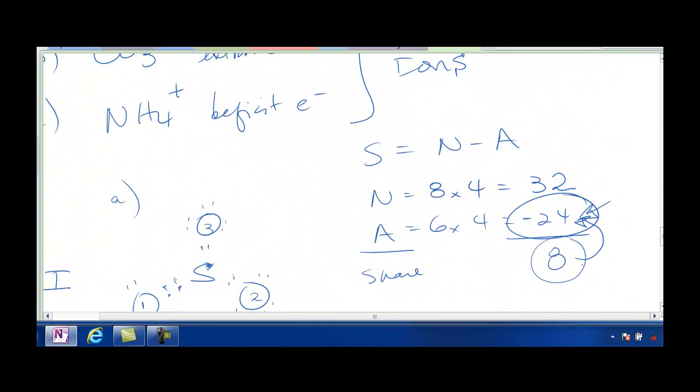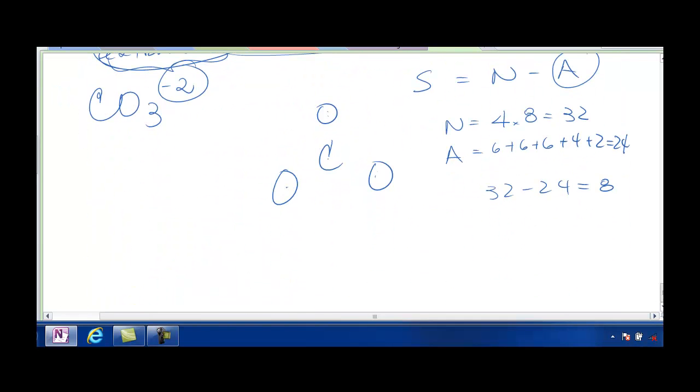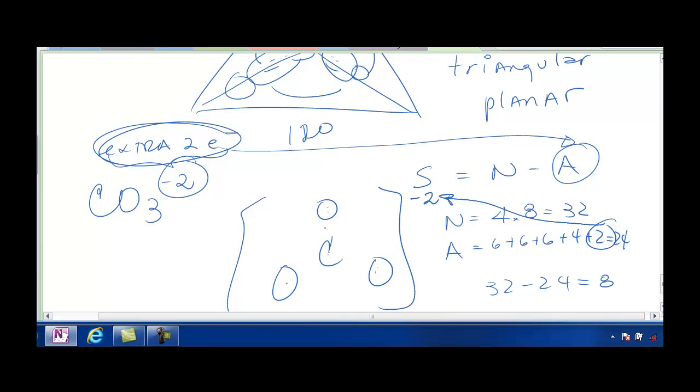In here, I got another 8. And I had the same skeleton. Instead of having a sulfur in the middle and 3 oxygens, I have a carbon in the middle and 3 oxygens. And I need to write brackets -2 because I am dealing with a carbonate ion that has 2 extra electrons. But I'm going to have the same deal as before.